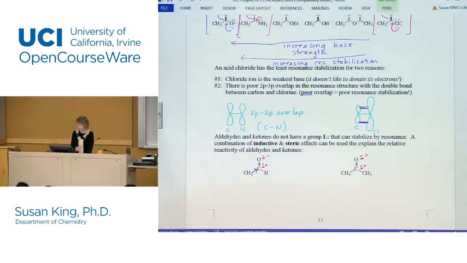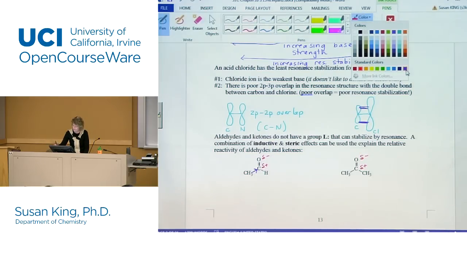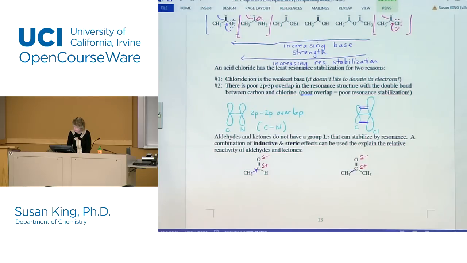Here we have one methyl that's electron donating. Here we have two methyls that are electron donating. So which carbon is going to have the least partial positive charge?